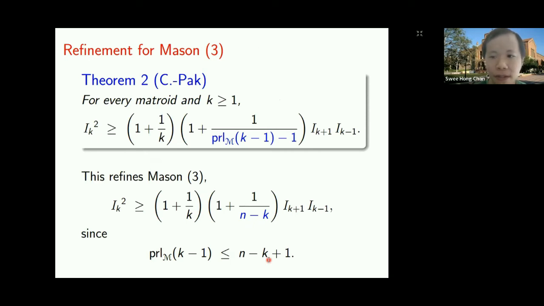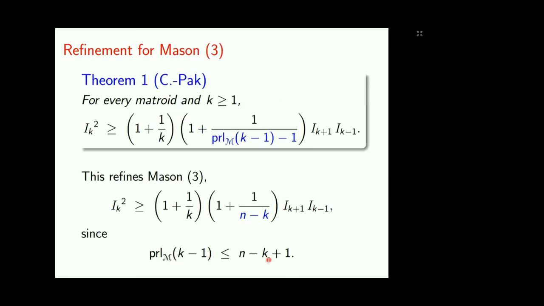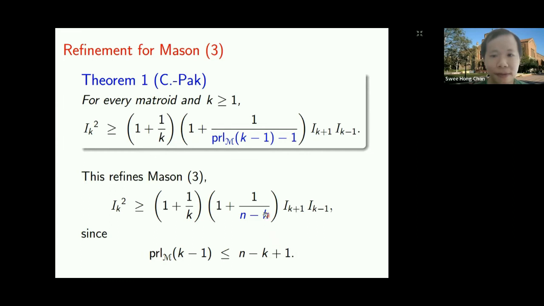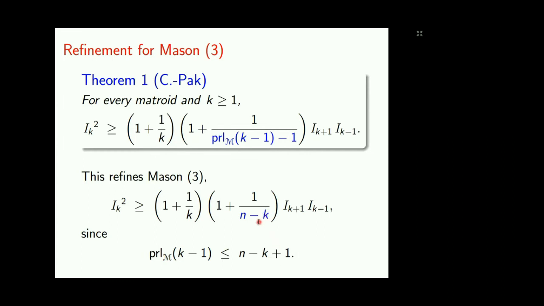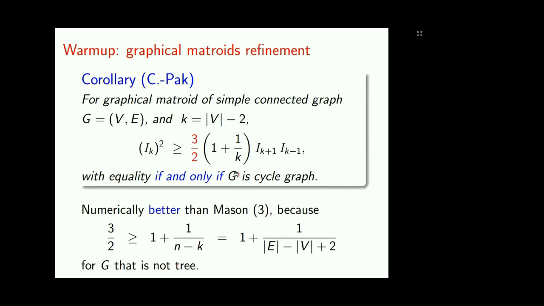Can you go back to the very first statement of the improvement? Yes. Because when you say that k is equal to the number of vertices minus 2. This one, yes. So what I don't understand here is, is the k the same as the index of the independent set?